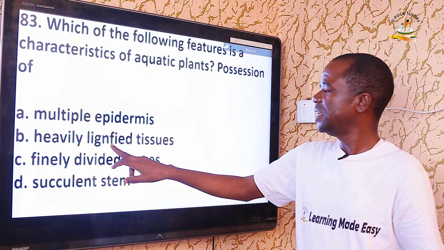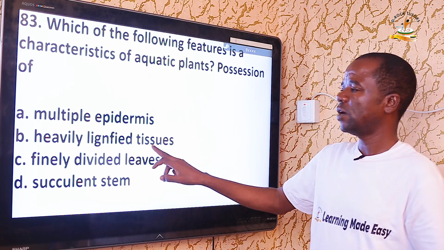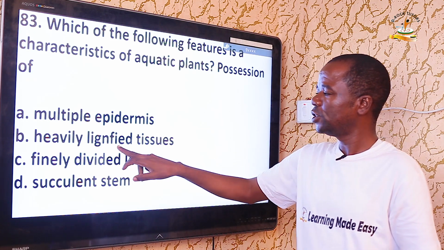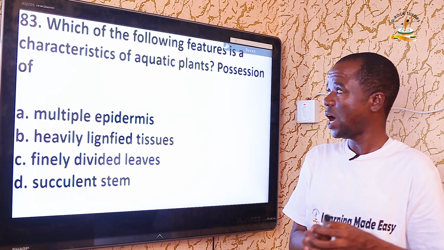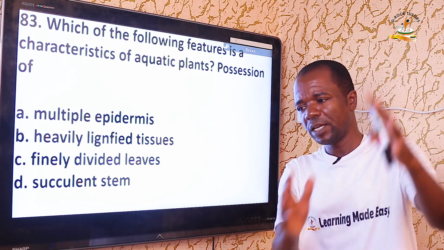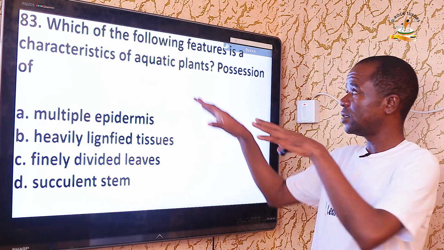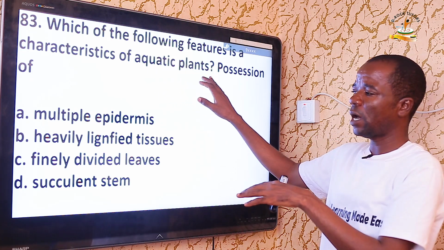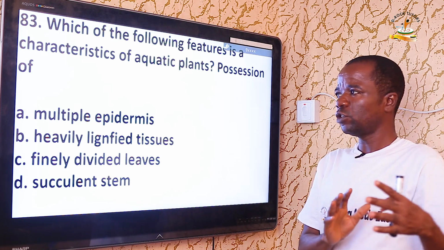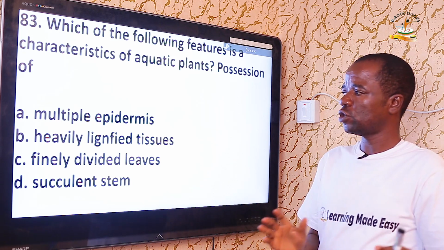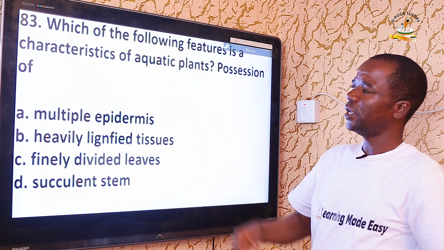Option B, heavily lignified tissues. Now, this is the correct answer, heavily lignified tissues, because when the tissues are heavily lignified, they are strengthened. And because of that, water current that can damage the plant in water bodies in aquatic habitat. Remember, the water tide can have dangerous effect, can actually destroy the plant that are in aquatic habitat.